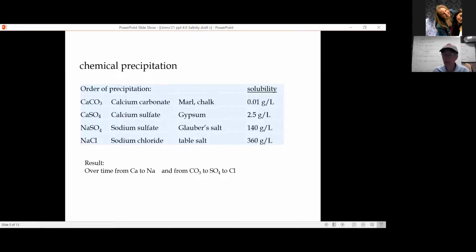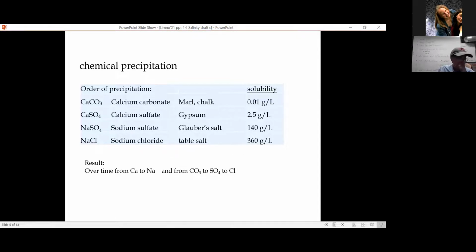It's related to the salt that the Egyptians used to mummify mummies. Anyways, it's a lot more soluble than calcium sulfate, and you can dissolve up to like 140 grams. But all of those are much less soluble than sodium chloride.